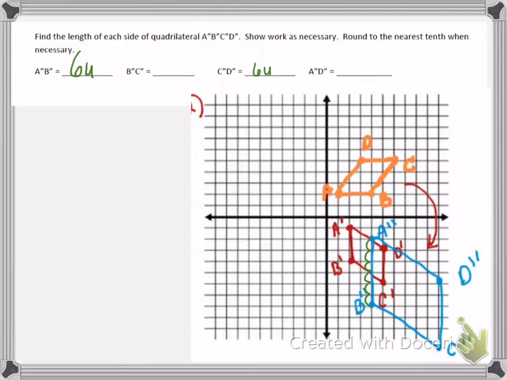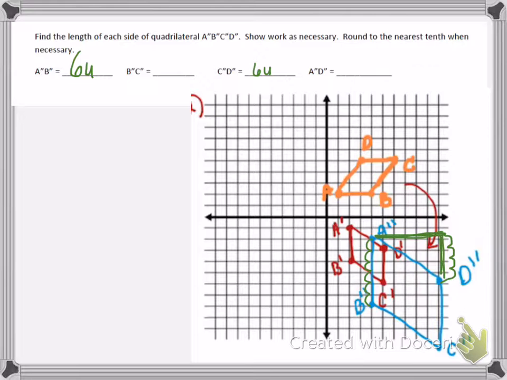And then for BC, and AD as well, we are looking at a right triangle. I'm going to do AD since that fits on my graph and I can see my right triangle there. That gives me a length of 1, 2, 3, 4 for one side.